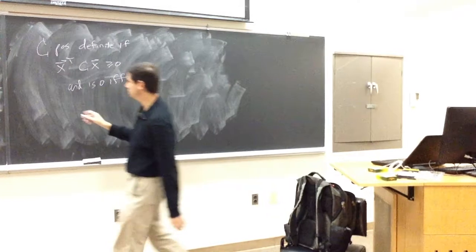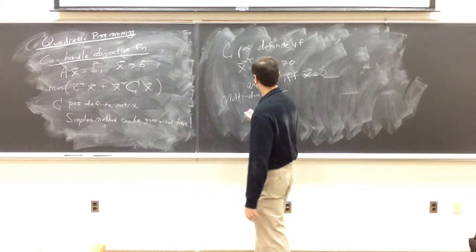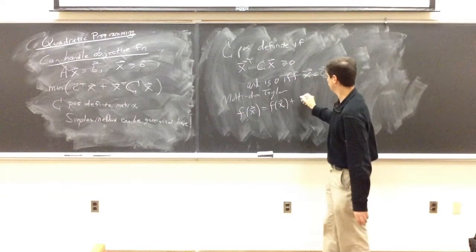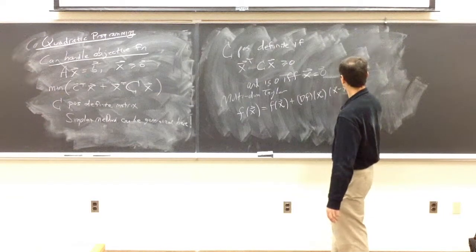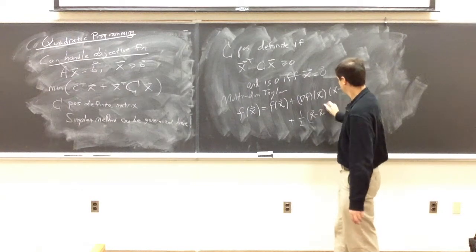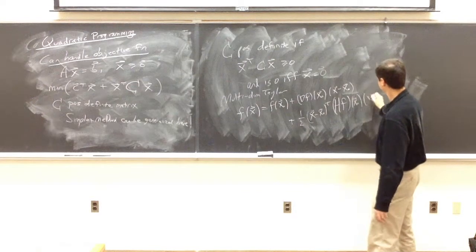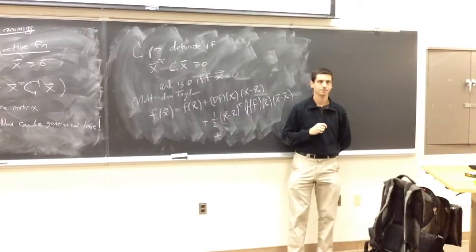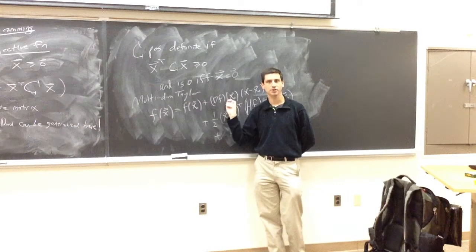This is used all the time in various things. If you do a multidimensional Taylor series, you would get f of x is f of x naught plus the gradient of f at x naught times x minus x naught, plus 1/2 x minus x naught transpose the Hessian matrix at x naught times x minus x naught, plus dot, dot, dot. When you're trying to understand whether you have a maximum or minimum, in multivariable calculus, it's hell.